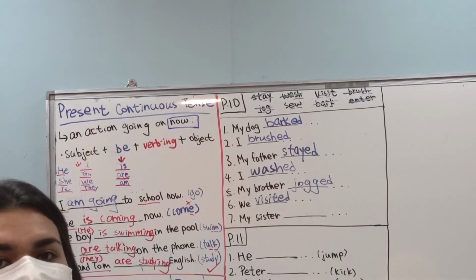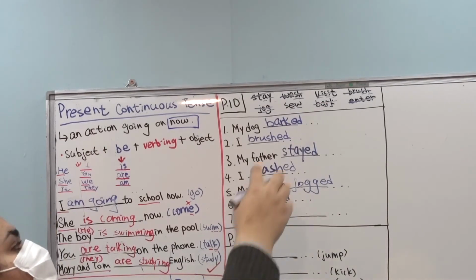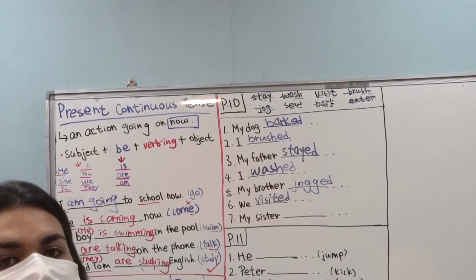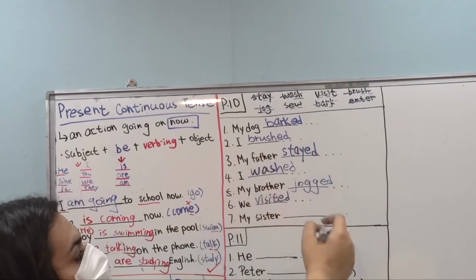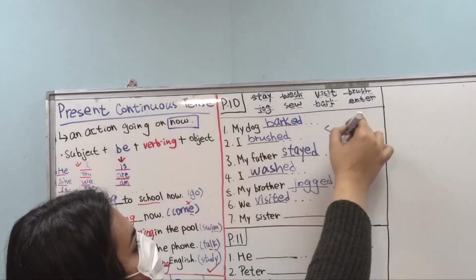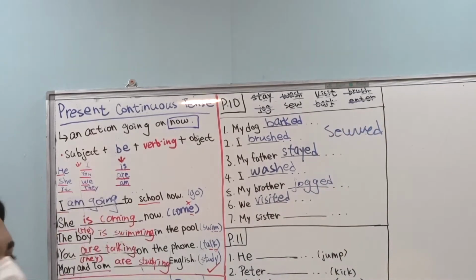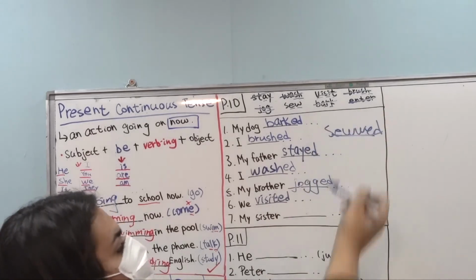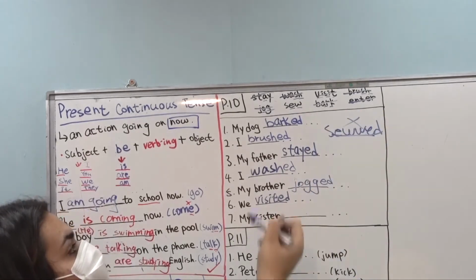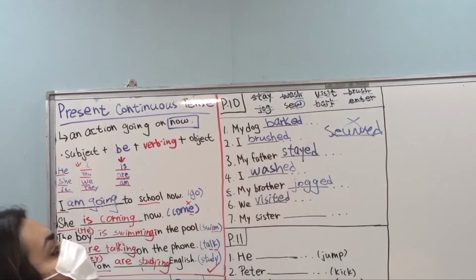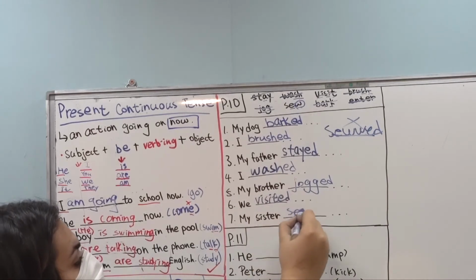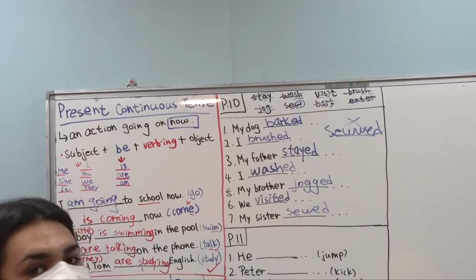But in English, we can't double the letter W. We can't spell it as sewwed. No, that's wrong. Because it ends with W, adding normal ed will be enough for us.